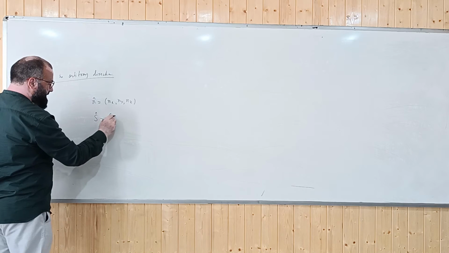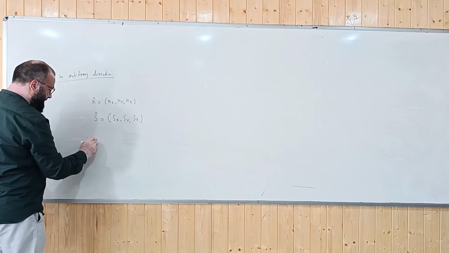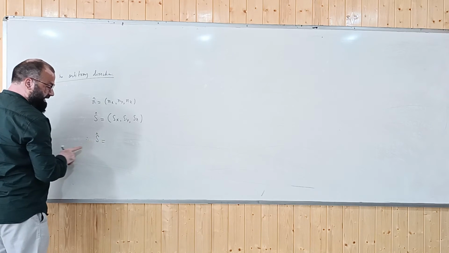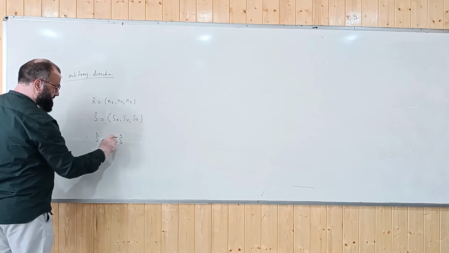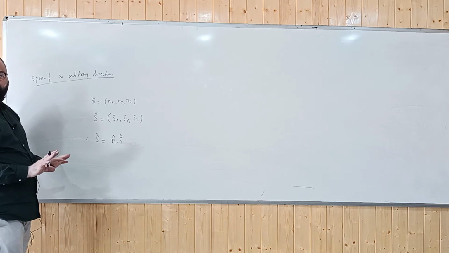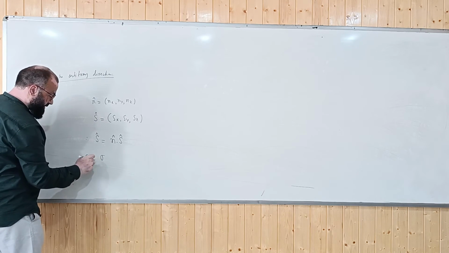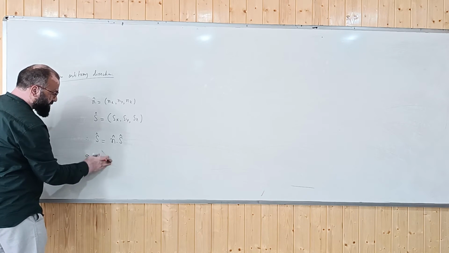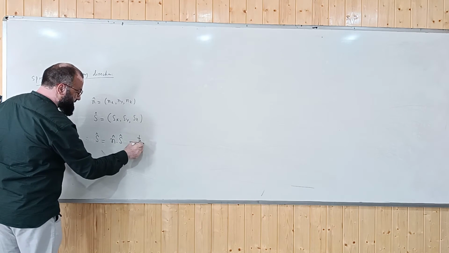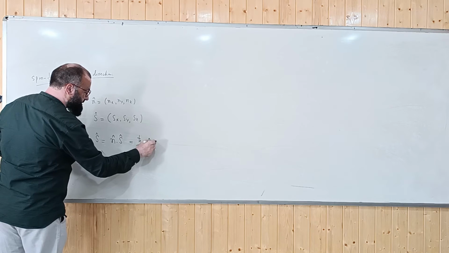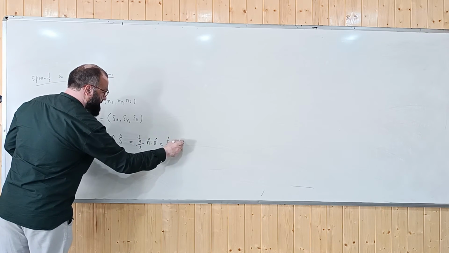This operator has components sx, sy and sz. Therefore I can write the spin operator S along an arbitrary direction as simply n dot S. In other words, I can put it in terms of sigma. What is S? It is h bar by 2 sigma. So it will be simply h bar by 2 n dot sigma. Clear?